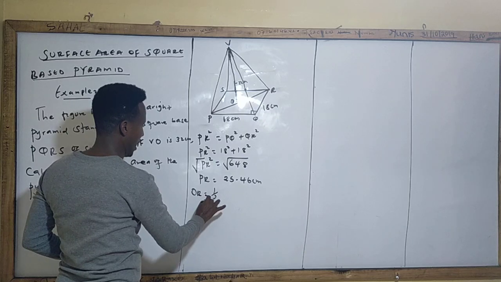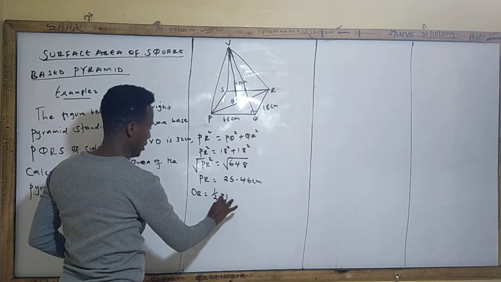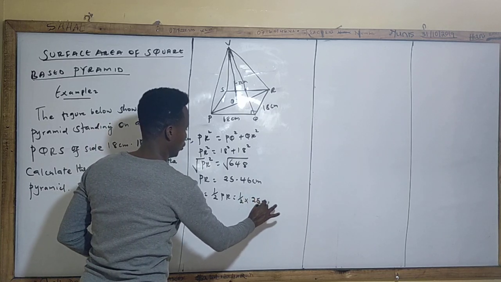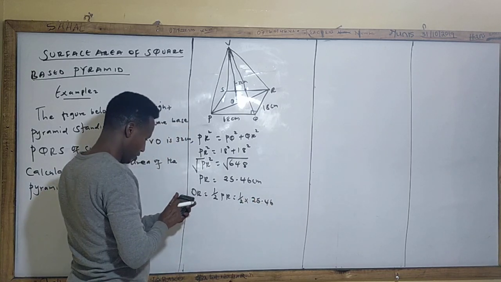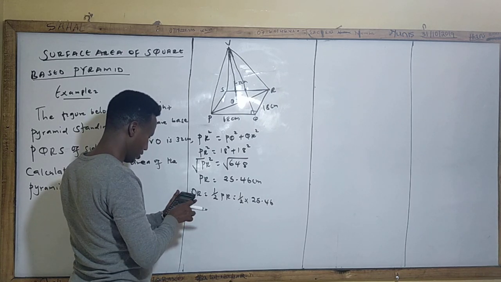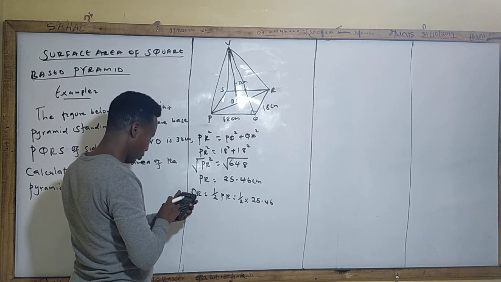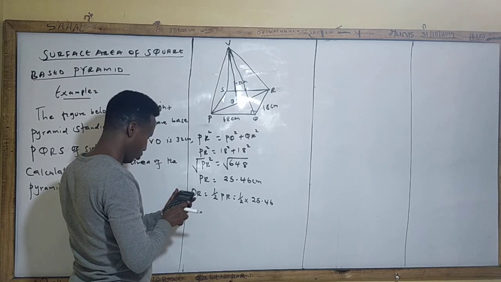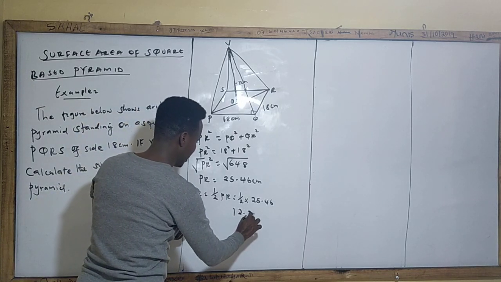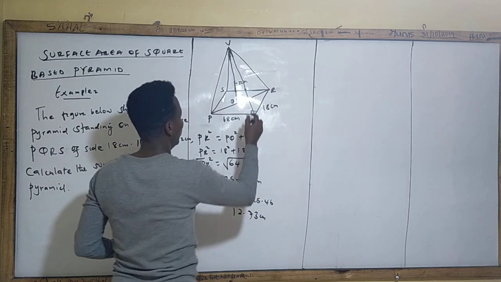Then let me get OR. OR is equal to a half BR, which is a half times 25.46, divided by 2. So that is 12.73 centimeters.